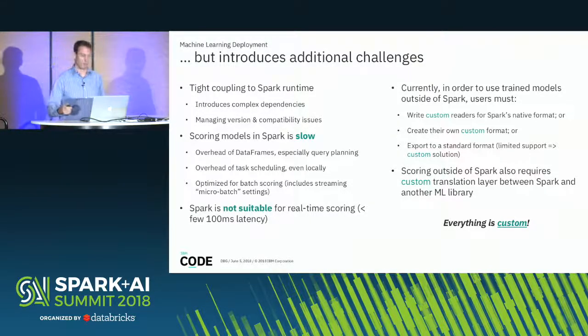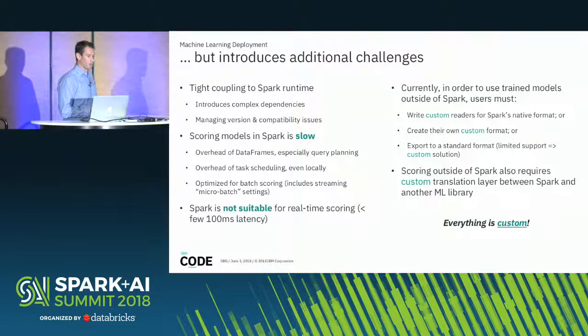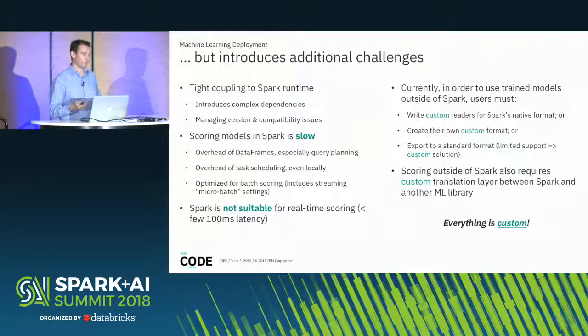Spark is effectively optimized for the batch scoring case or certain streaming cases, micro-batch settings. But it's simply not suitable for real-time scoring with very low latency requirements. And this is typical in recommender systems, online advertising, fraud detection models, anything where you need to make a decision in near real time is not going to really work with deployment on Spark.